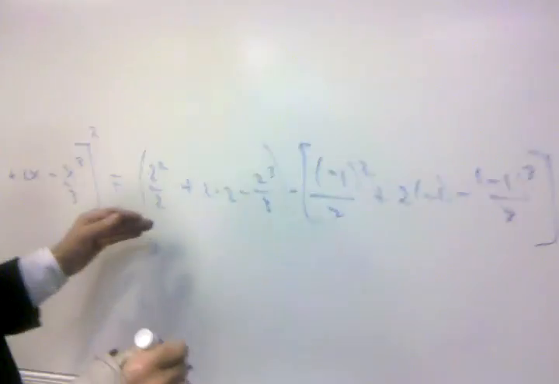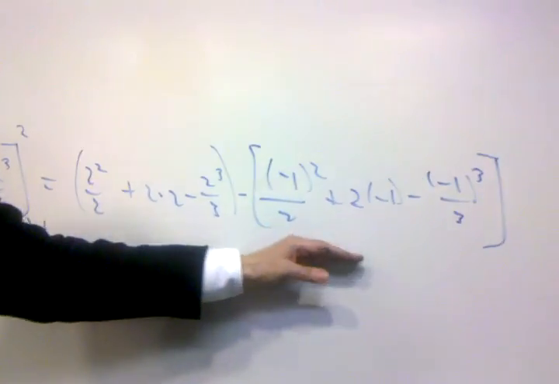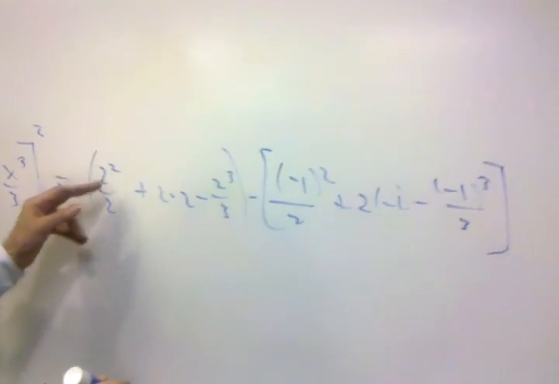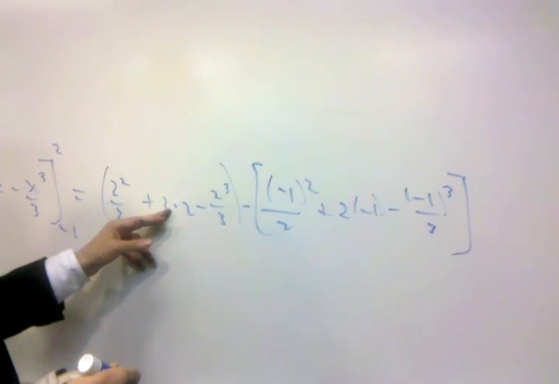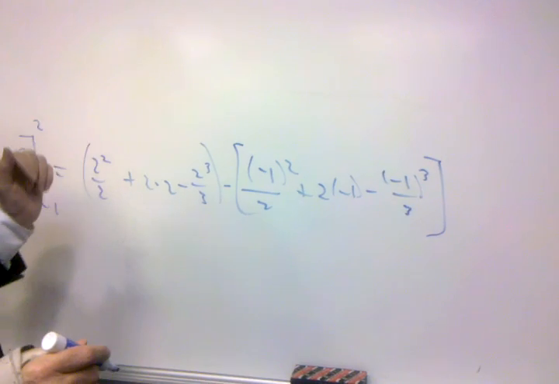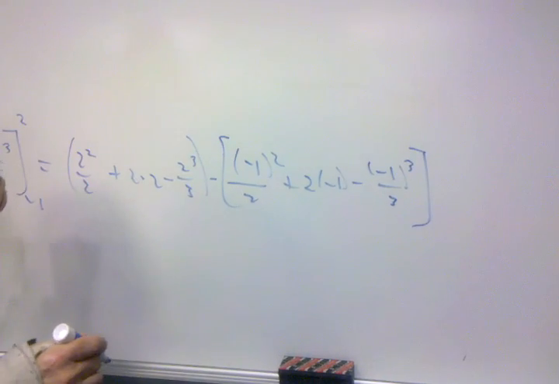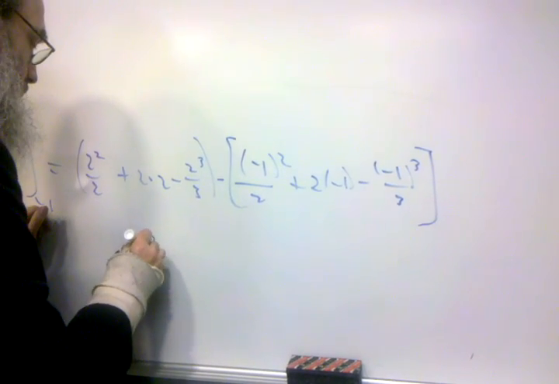Let's compute. This is 4 over 2 is 2, plus 4 is 6, minus 8/3. 8/3 happens to be 2 2/3. So 6 minus 2 2/3 is 3 1/3.